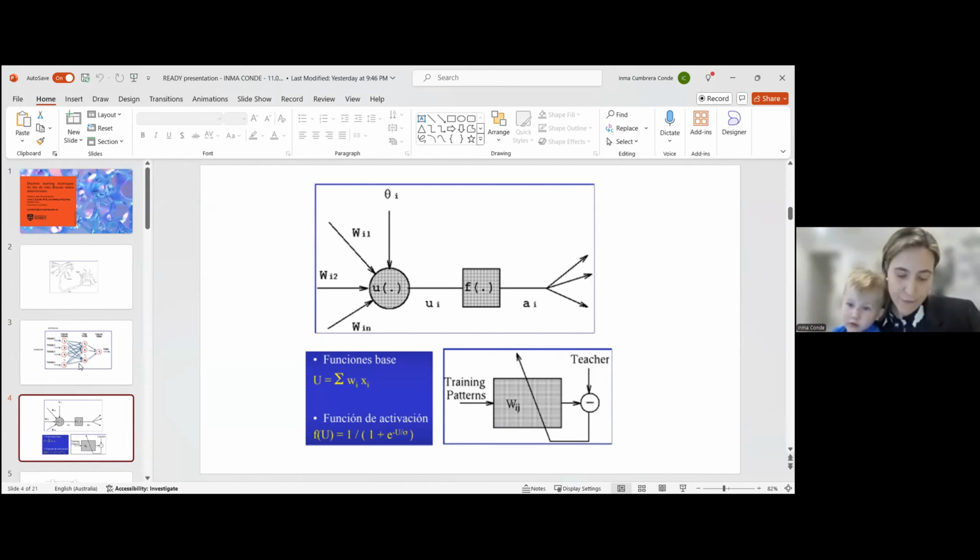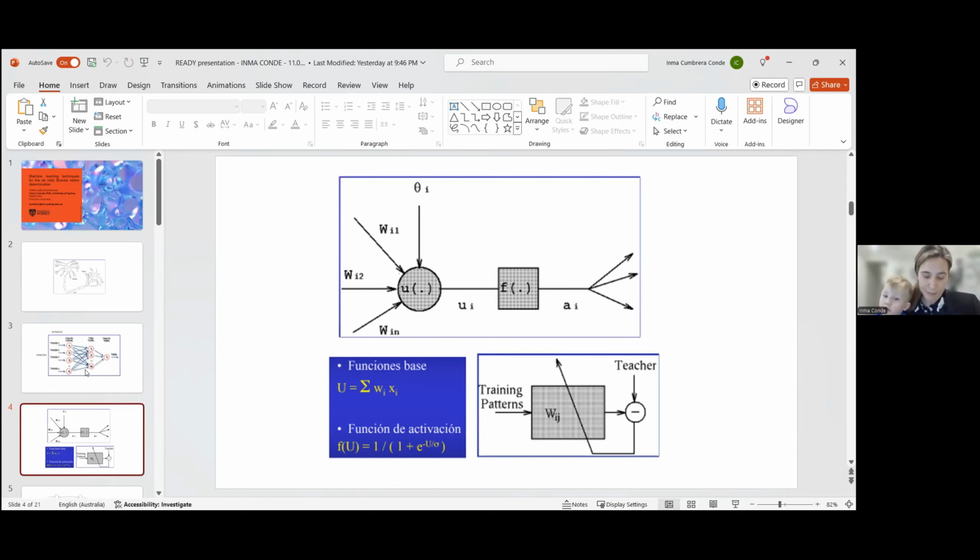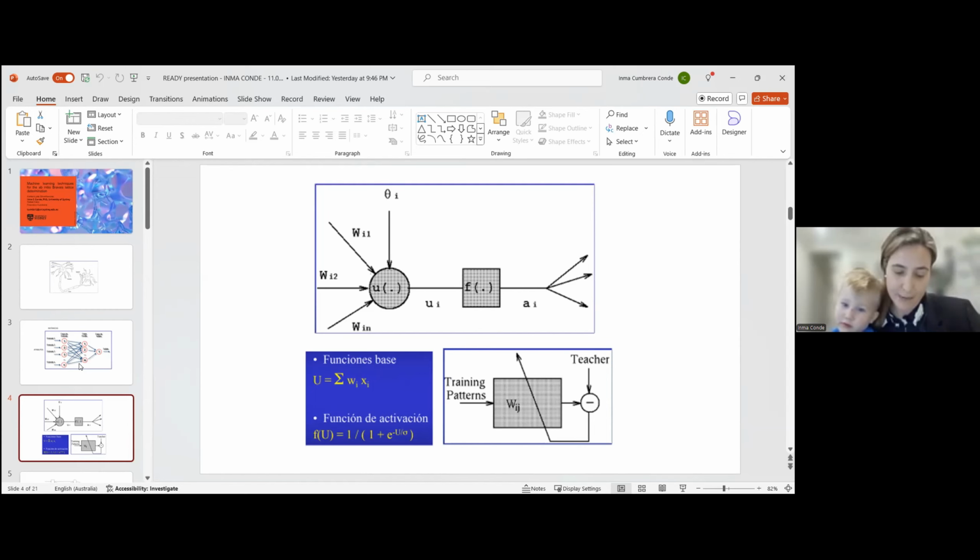Initially, weight functions are random. Moreover, the axon has an incorporated activation mathematical function that has a sigmoidal, S-shaped shape. In the figure on the right, the input layer receives a series of information, and at the same time, it provides the results.